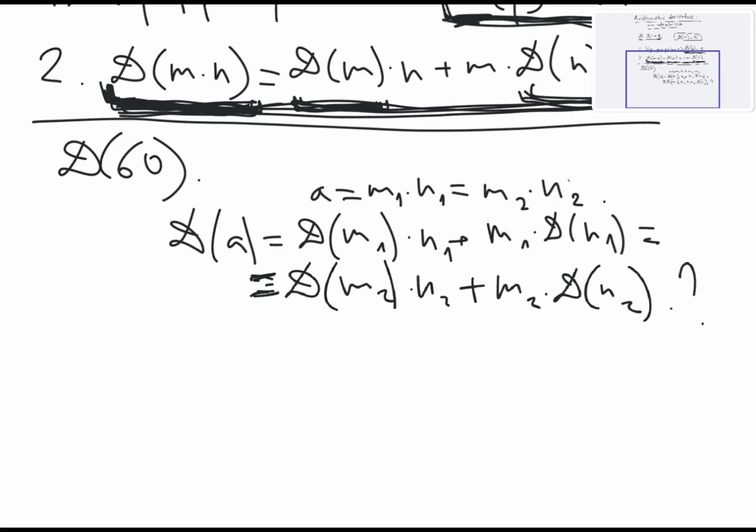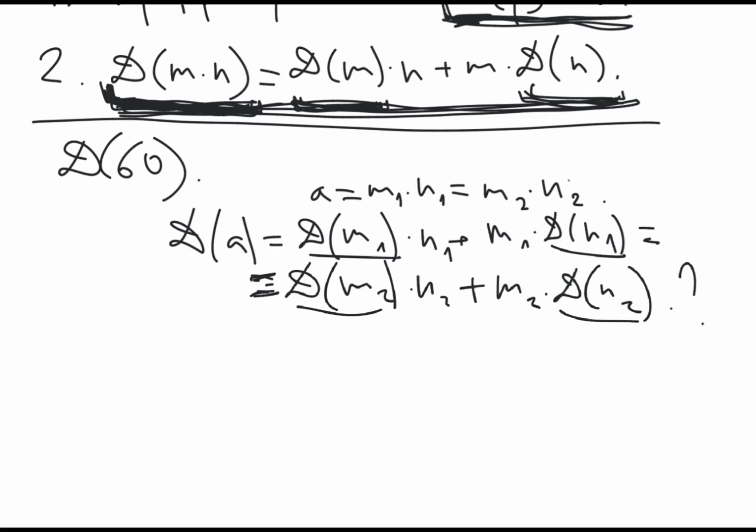If we then reduce each of them using the same rules to the prime numbers, it's not clear why we would eventually get the same result using these two representations. So we need to prove that this definition is correct.